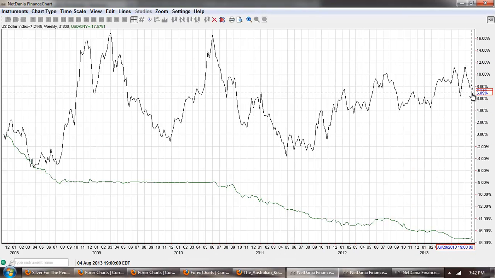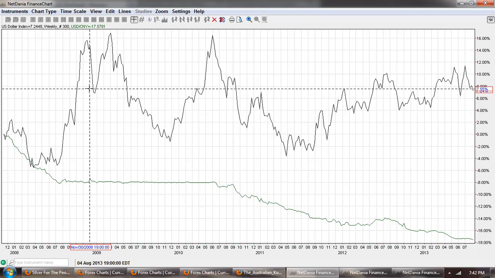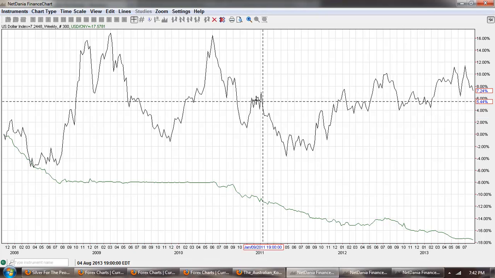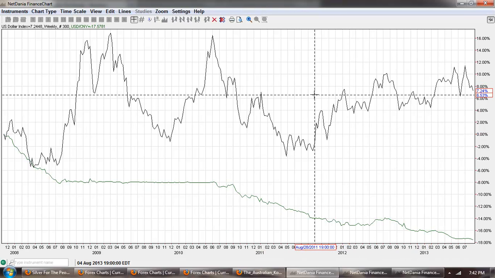So it's up about 7.24% since the beginning of the recession. Whereas you can see that the dollar has lost nearly 20% of its value against the Chinese currency since that same time. So a 25% differential.